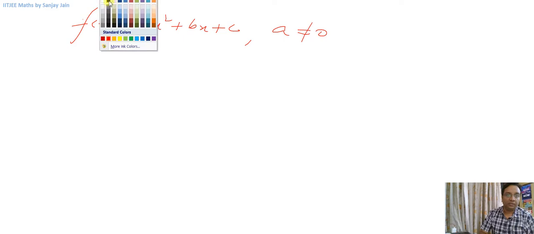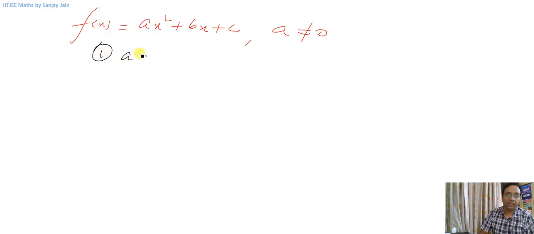So if it is not equal to 0, I can have two cases: a is positive and another case is a is negative.